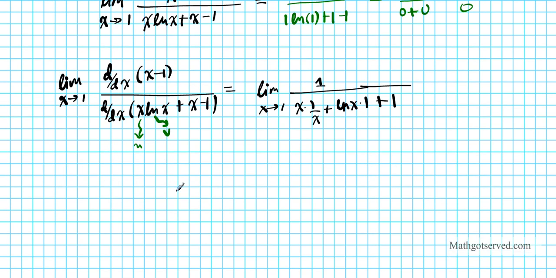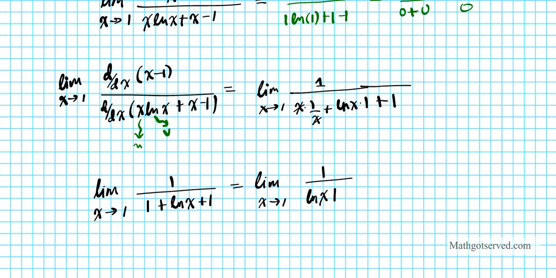Okay? Alright, so let's simplify this further. We're going to have the limit as x approaches 1 of 1 divided by, this one divides out. So we have 1 plus the natural logarithm of x plus 1. I can combine these two ones, so this becomes the limit as x approaches 1 of 1 over the natural logarithm of x plus 2. Now I can plug in 1 and see what happens.